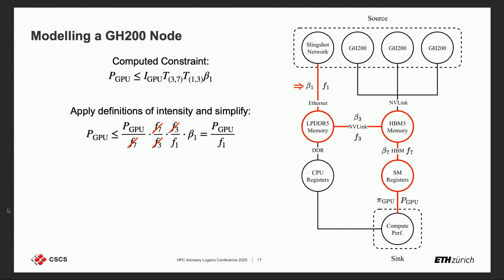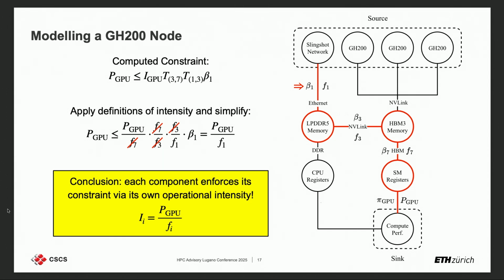So in a sense, the conclusion here is that each component can enforce its constraint via an operational intensity that is defined as the performance ratio to the amount of data that is being transferred over that specific edge. So we don't actually need to go crazy and build all of these complicated graphs, because at the end of the day, the topology of the system simply enforces a constraint in terms of which intensities you're considering, because everything simplifies out.